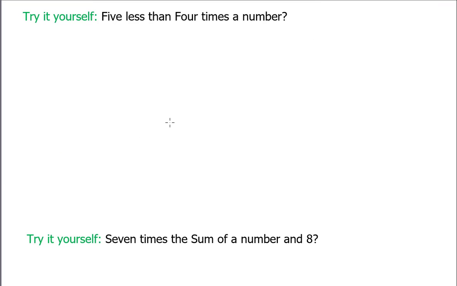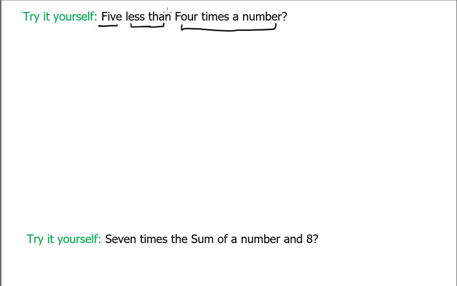Now I'll give you a minute or so to try this yourself. We can see the 5 is a numeric. Less than indicates subtraction, and we have 4 times a number.